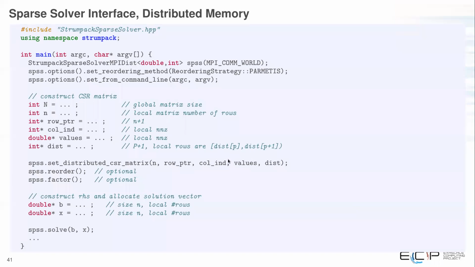So each process P only owns the rows from dist[P] up to, but not including, dist[P+1]. And then row pointer, column index and values are the local CSR representation. And this is the same.